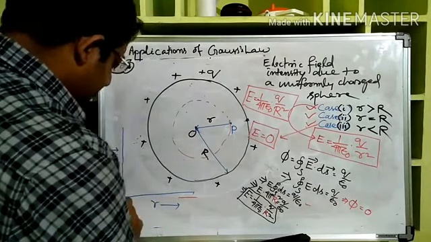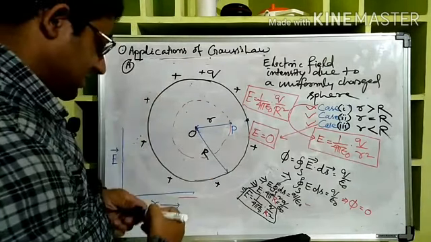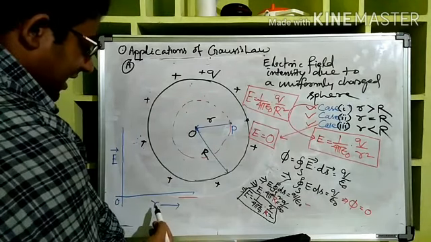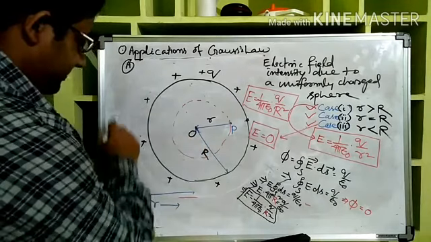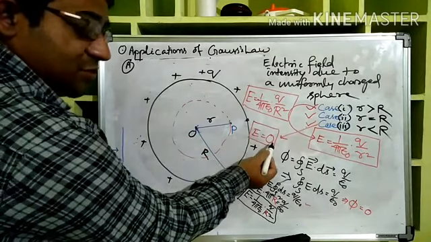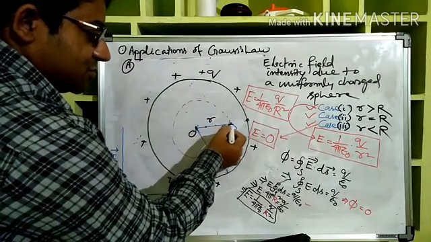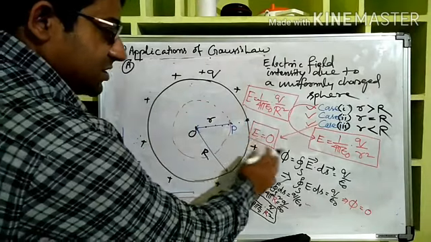Now, if R is constantly increasing, what happens to E? Let us see. At capital R equal to 0, what is E? The electric field intensity is 0. Here electric field intensity is 0, 0, 0, 0. It is 0 only till the point is inside the sphere. E is equal to 0.